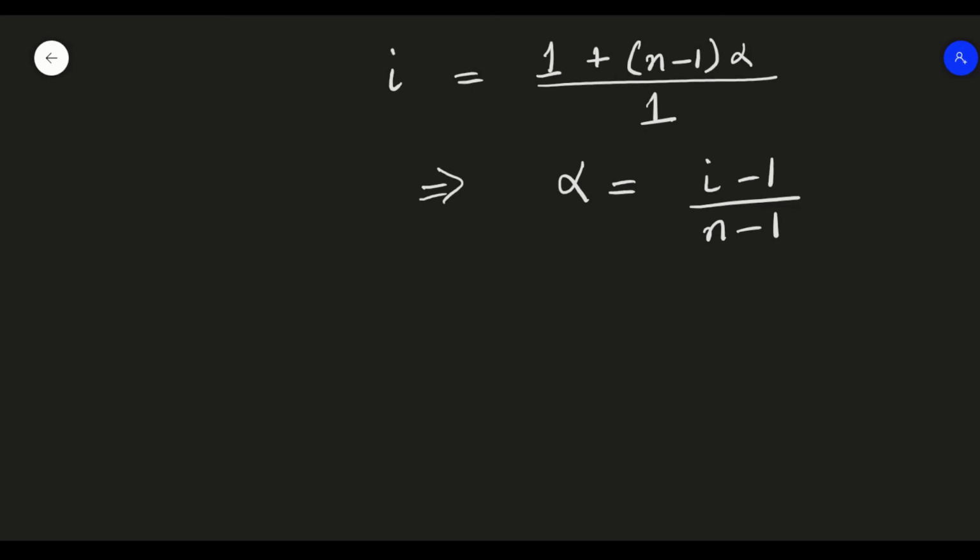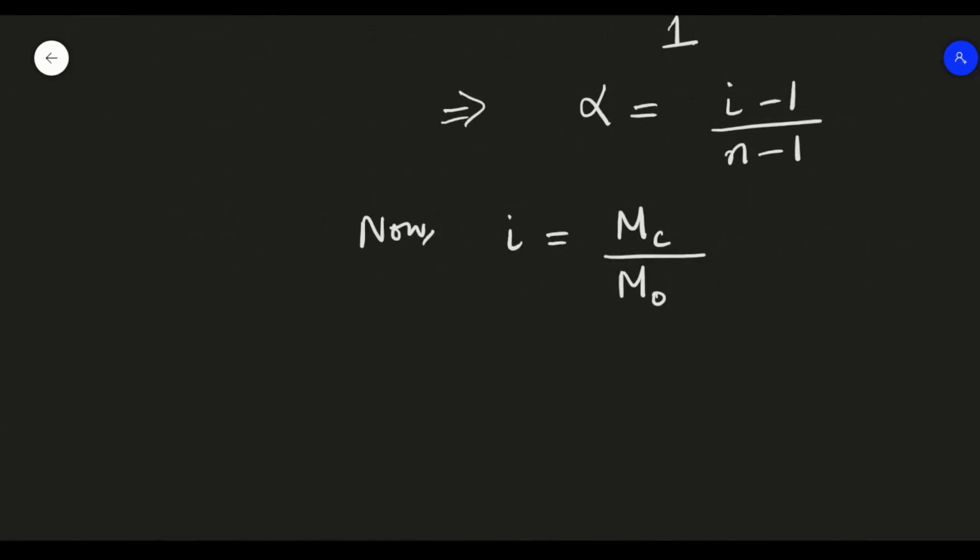Now in this case we know that i, the Van't Hoff factor, is also equal to the calculated value of the molar mass divided by the observed value of the molar mass. Now here we know that since the solute undergoes dissociation, the observed molecular mass in this case will be lesser as compared to the calculated molecular mass.